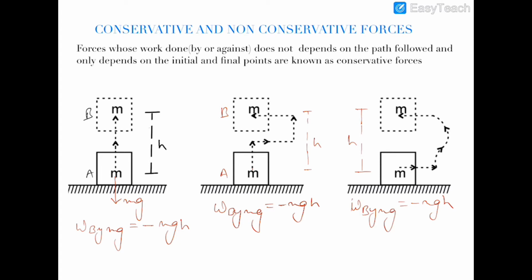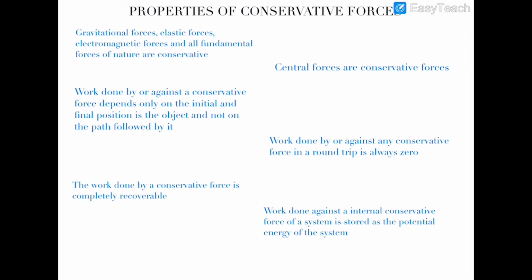But mg is a conservative force, and the work done by this force depends only on the displacement of the body. Now there are some properties of conservative forces which we have to learn.